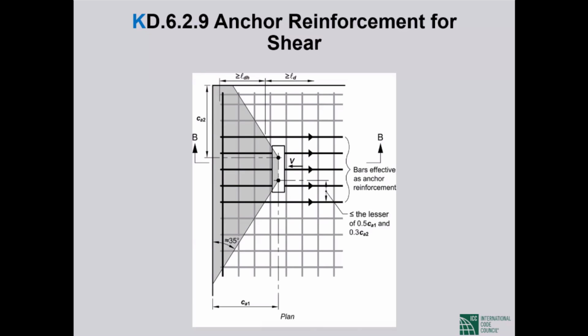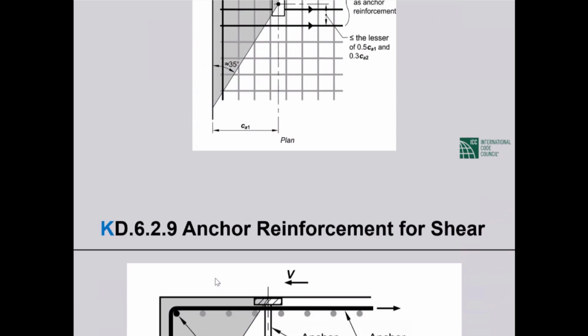Here we have a group of two anchors, shear perpendicular to the group. This is what wants to break out in plane. What we do here is run supplementary reinforcement along the edge, and then anchor reinforcement that is supported by the supplementary reinforcement at the edge.